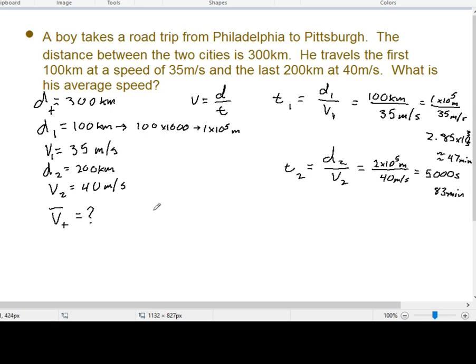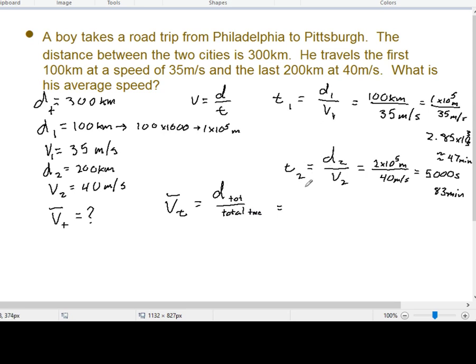Okay, now they asked for the average velocity. The total average velocity would be the total distance divided by the total time. Well, I figured out time 1 and time 2, so I have that now.